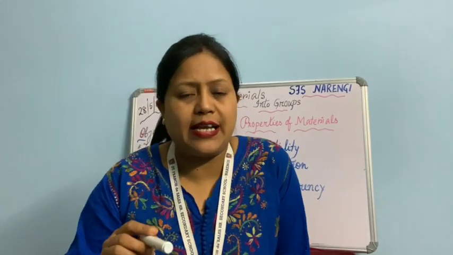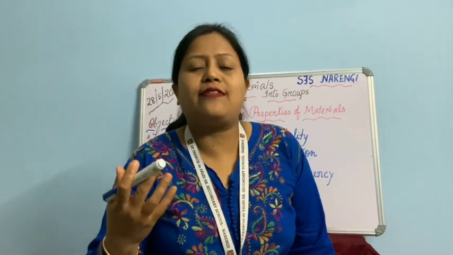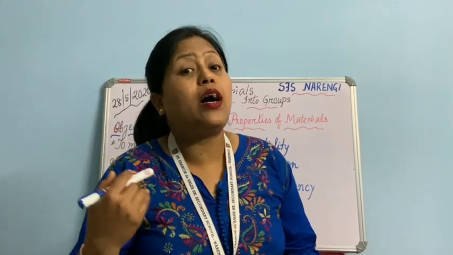So by doing this activity, we can say that there are some objects that float on water, and there are some objects that sink in water. Clear? So I think this activity is clear for you all. Yes, students? Now let us move on to the third property. The third property is transparency.